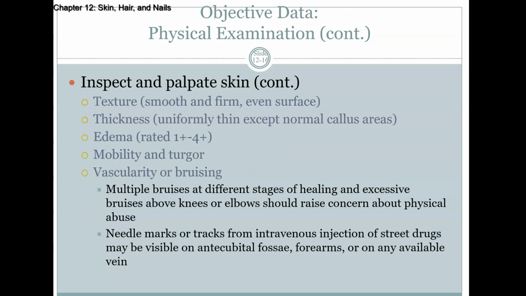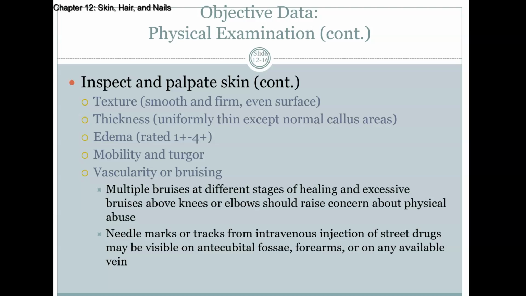So you're going to inspect texture, whether it's full, smooth and firm. You're going to assess thickness, whether it's uniform, and whether there's edema, swelling, which is rated 1 plus to 4 plus.